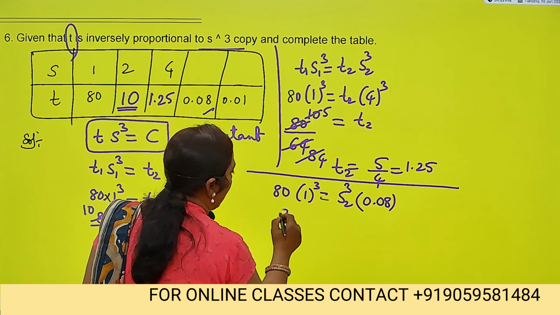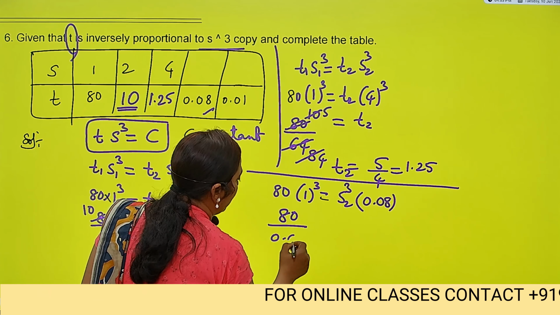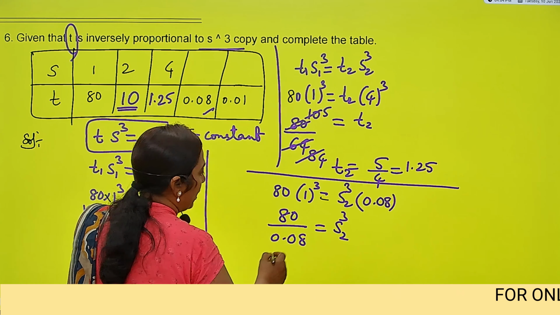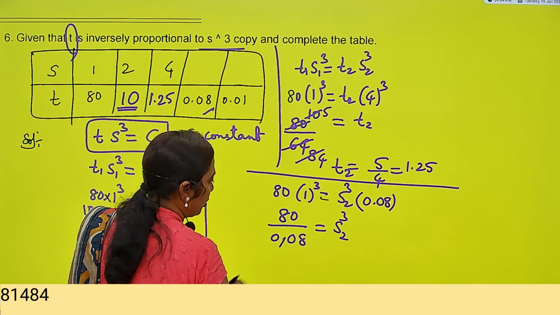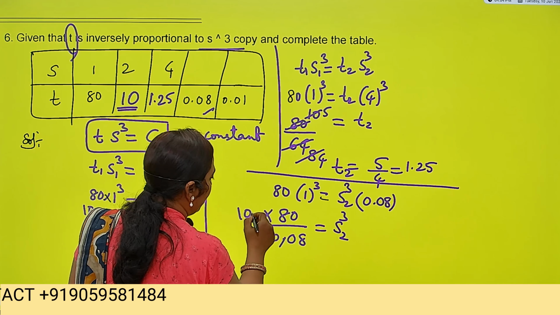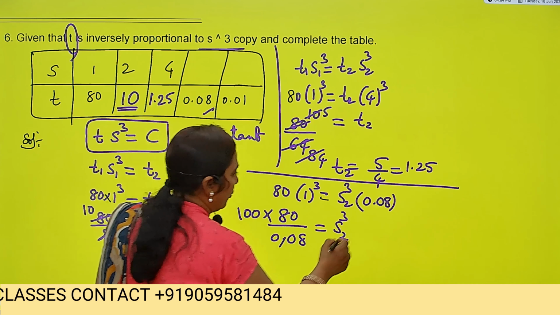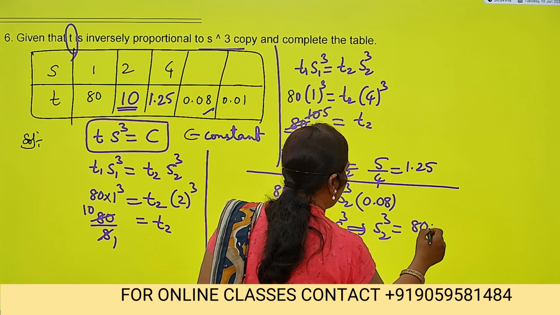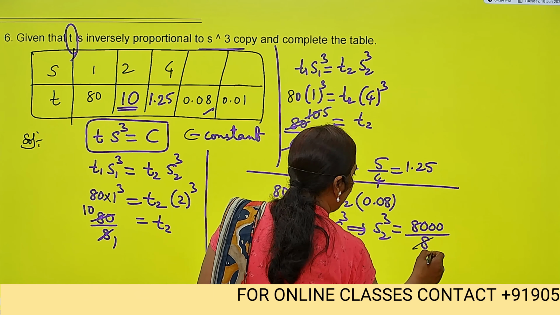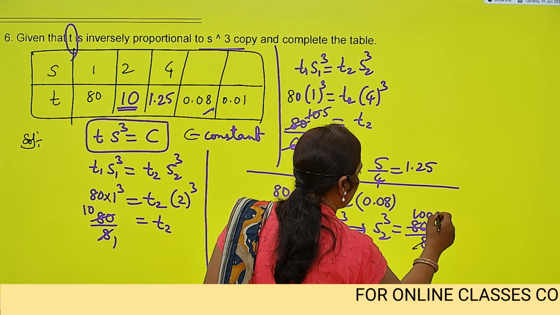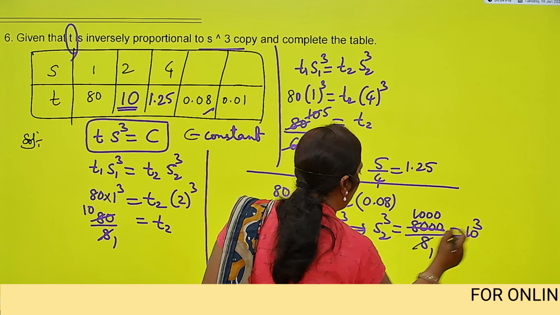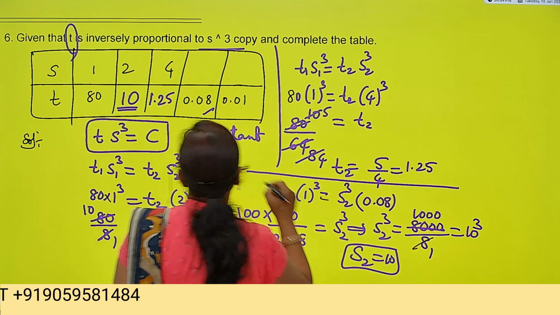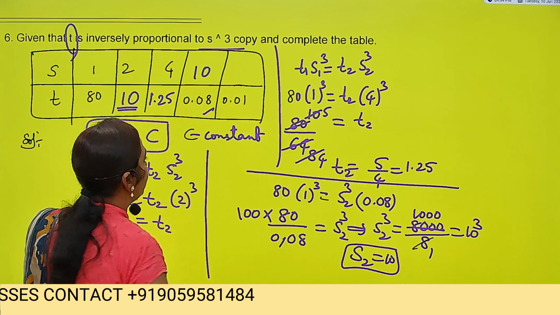This is the value: 80 over 0.08 equals S2 cube. To eliminate the decimal point, multiply by 100. From this we can write S2 cube equals 8000 over 8. 8 ones are 8000, that is equal to 10 cube. From this, what is the S2 value here? 10 is the S2. This is equal to 10.